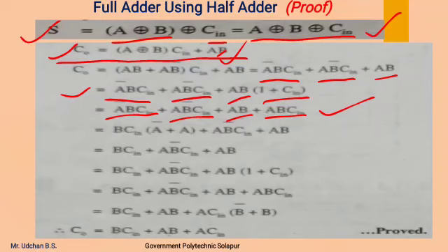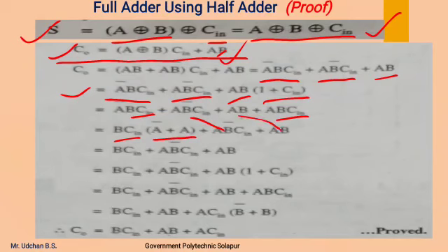Now in the next equation, from the two A B C in terms, we take B C in common into the bracket, and A bar plus A remains. After that, A B bar C in is written as it is, and AB is written as it is.